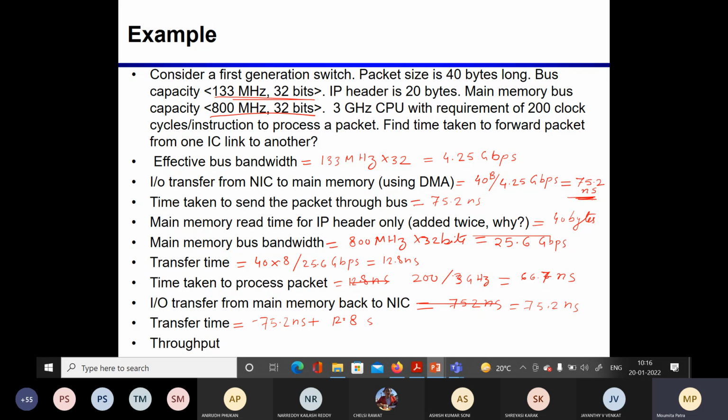So this is the time that will be taken to just do the processing of the header. That's it. Okay, thank you. If it is more than one instruction, then it will be told to you. All right. Something else.